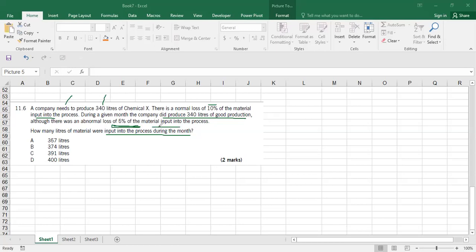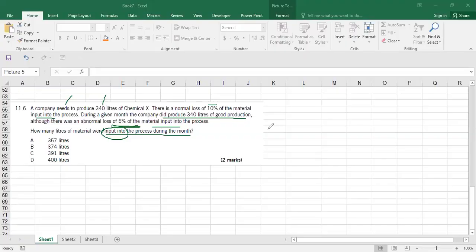So whatever material input you did, you got your output 340. You know that there is 10% of normal loss and also 5% of abnormal loss. And the question is how much was the material input? How much material did you start with?